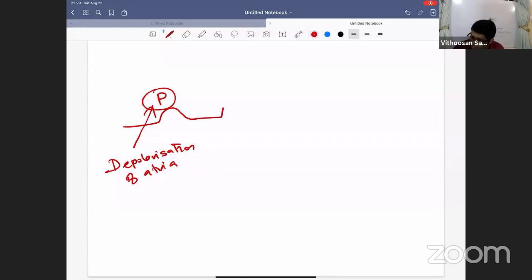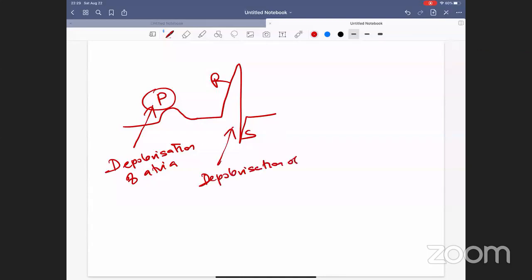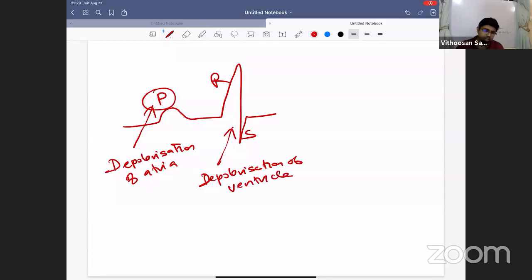Then you have your QRS. Usually there is no Q wave, there is R and S. We study in cardiology when there is a Q wave. This QRS is the depolarization of the ventricle.